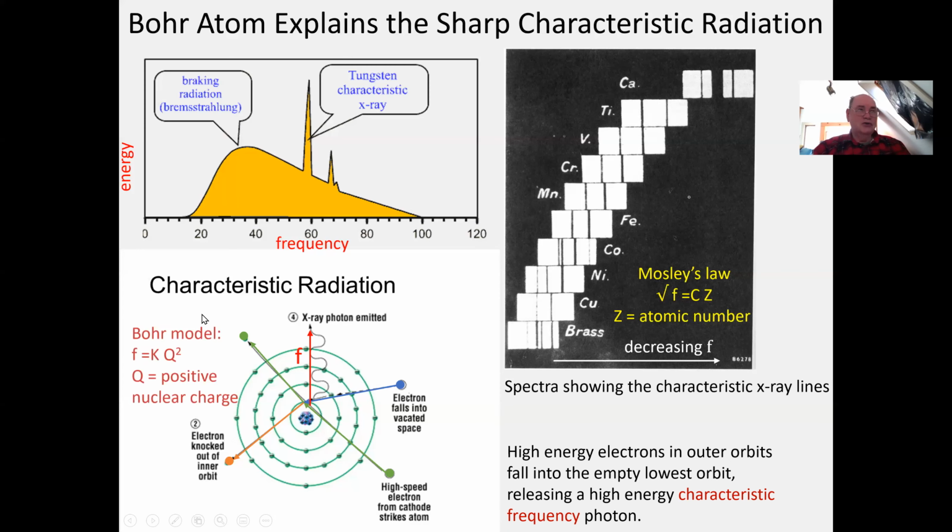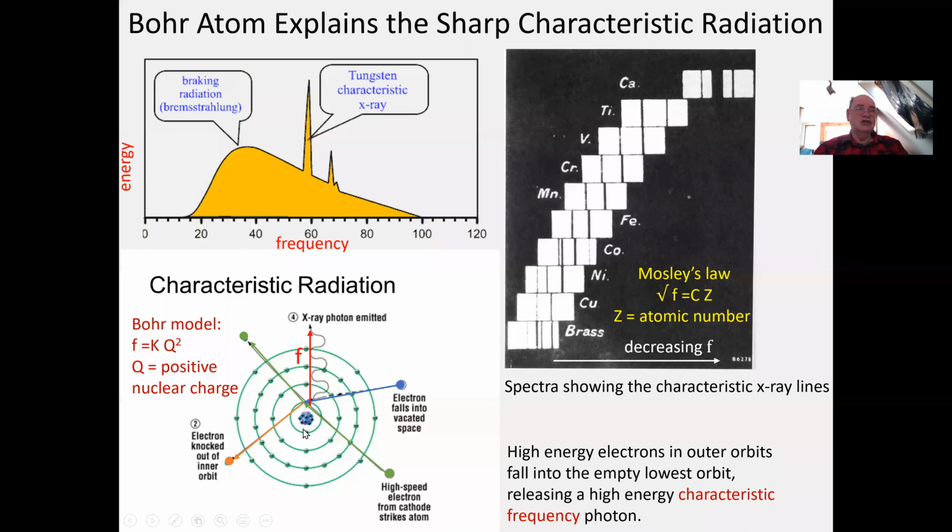Bohr is able to show in his model that that frequency is proportional to the central positive charge of the nucleus. Remember, his model is based upon these Newtonian type equations, where the central nucleus is like the sun, and the sun very much controls the orbits, okay? And controls the energy levels that the planets are in.